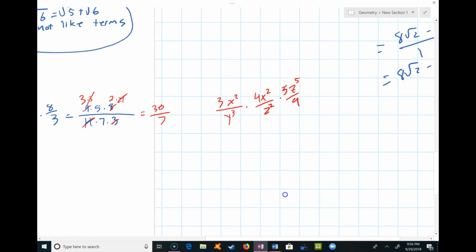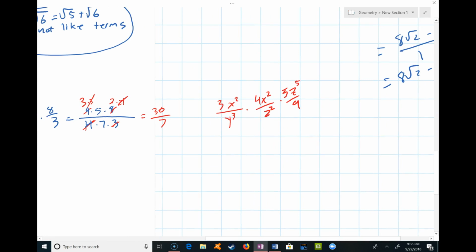Once again, you don't necessarily have to do this first, but what you're thinking is that all of the stuff on top is just multiplying together, and everything on the bottom is multiplied together. And so then I can begin looking for things to cancel.